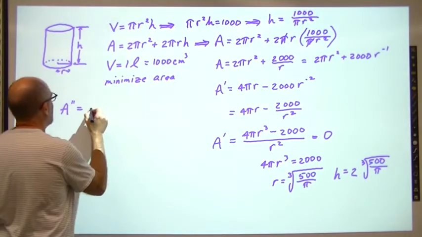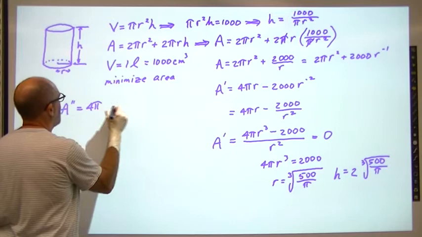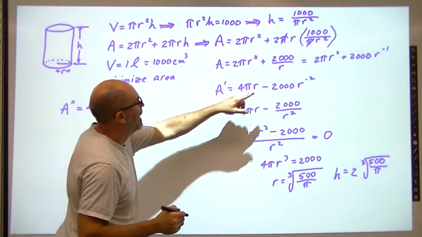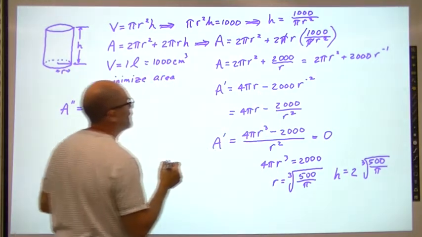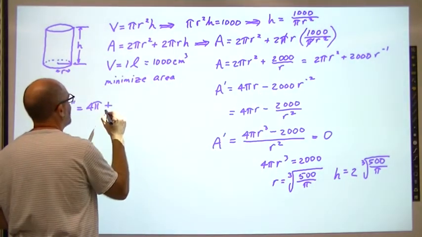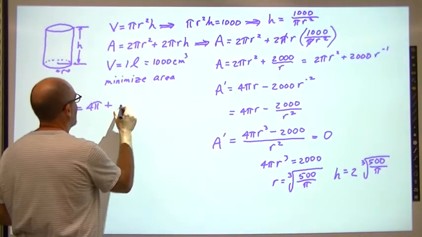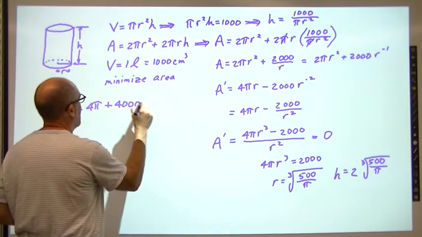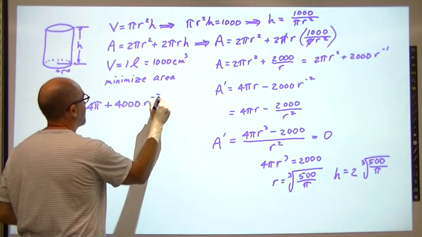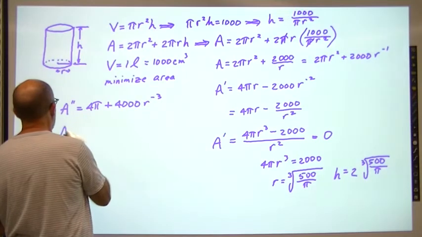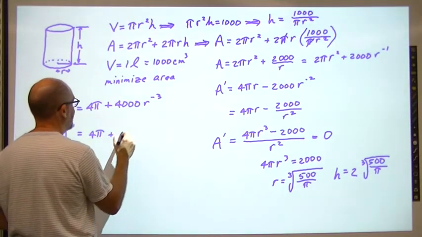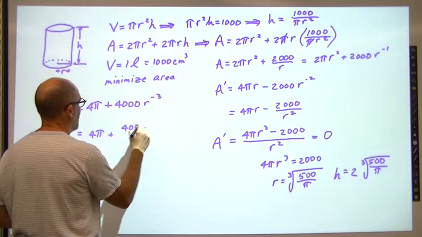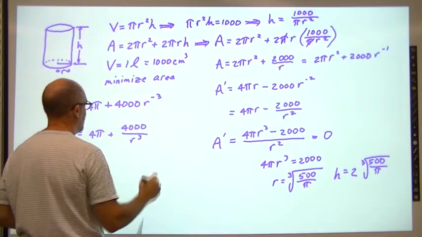So that's going to be 4 pi minus, now, it's actually not going to be minus because we bring the negative 2 down in front, and that means it's going to be plus a 4,000 r to the negative 3. So that means a double prime equals 4 pi plus 4,000 over r cubed.